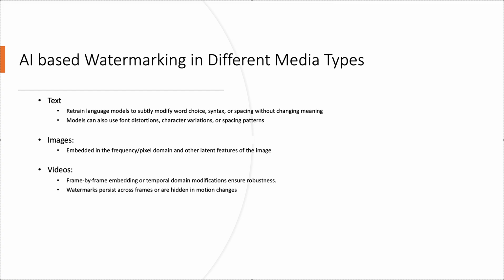But it goes beyond just word choice. AI models can introduce subtle spacing patterns, maybe adding an extra microscopic space here or adjusting kerning there. They can use nearly imperceptible font variations or substitute visually identical Unicode characters. For instance, there's a regular letter E and a Cyrillic E that look identical but have different character codes.